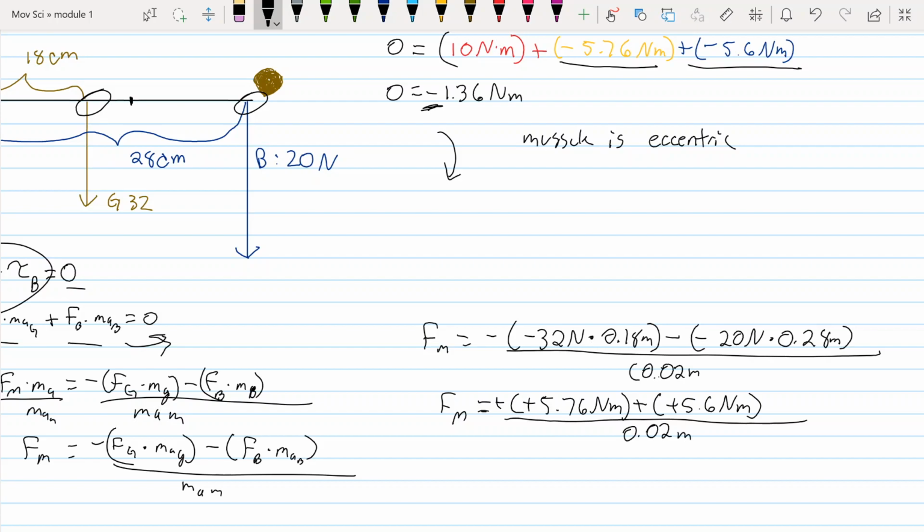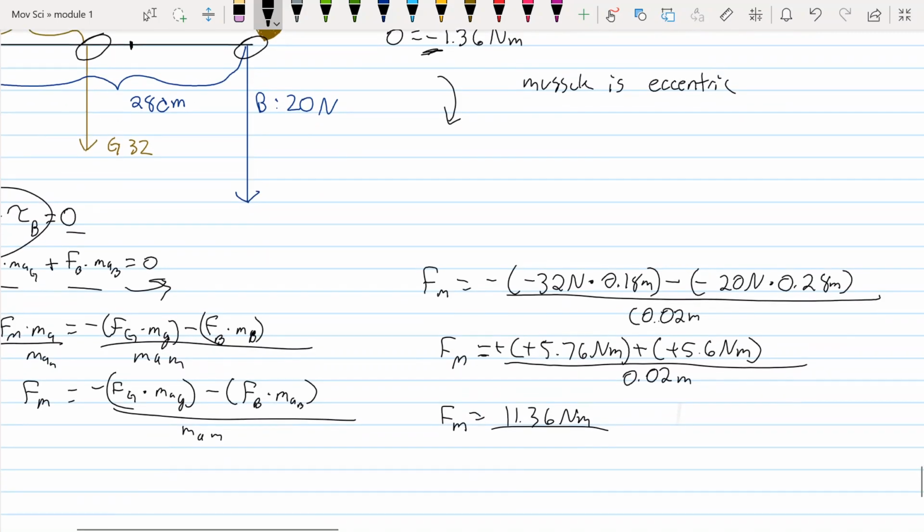So we know that 5.76 Newton meters plus 5.6 Newton meters equals 11.36 Newton meters all over 0.02 meters.